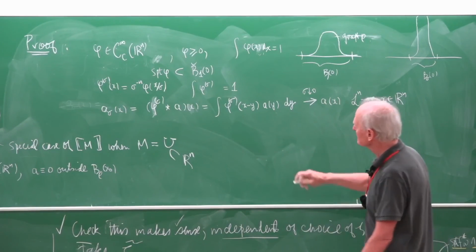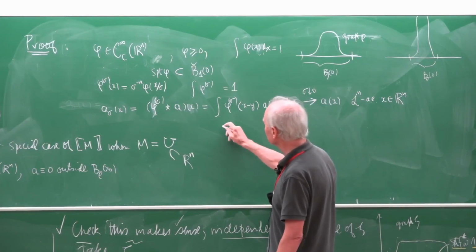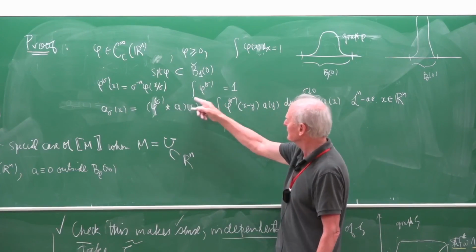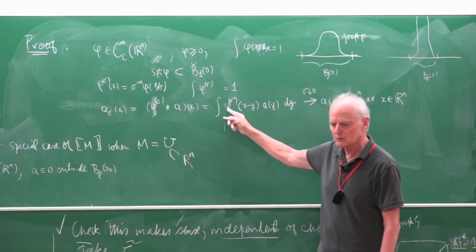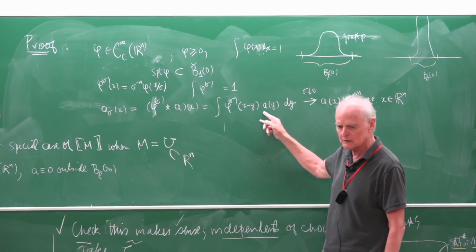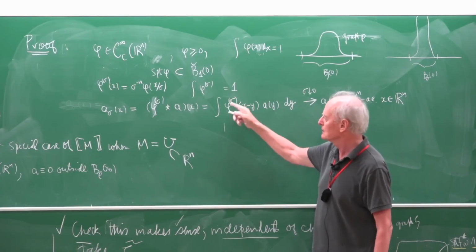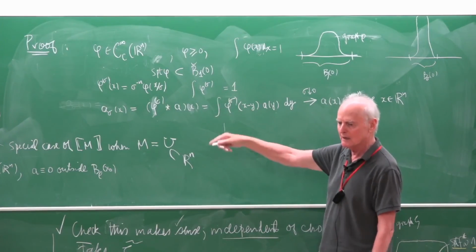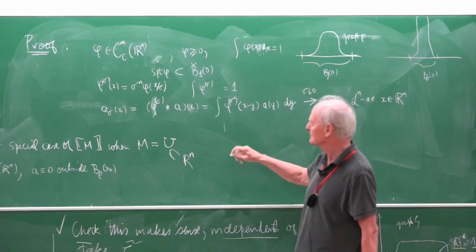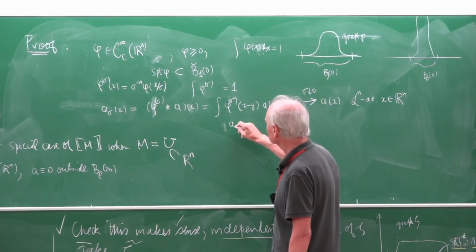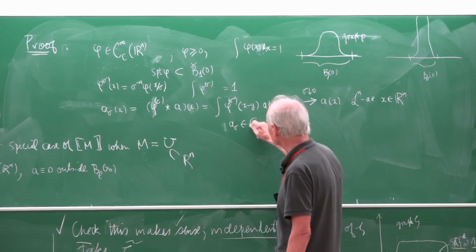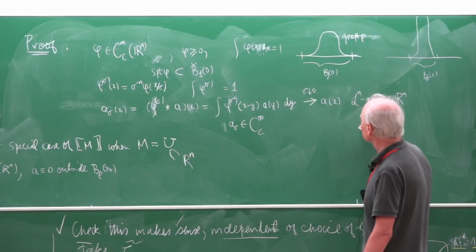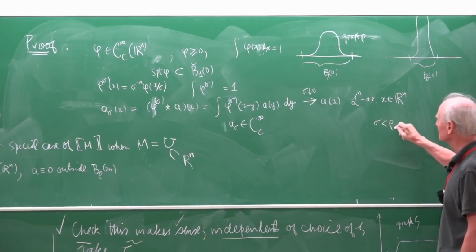That's the first thing. The second thing is this is clearly a C infinity function. In fact, you can differentiate as many times as you like by differentiating under the integral sign, because you've got a fixed L1 function here. You can apply the dominated convergence theorem using difference quotients as many times as you like, and just differentiate under the integral sign. So A sigma is in C infinity now, rather than just being L1, and it's got compact support. This is all true as long as sigma is less than rho.